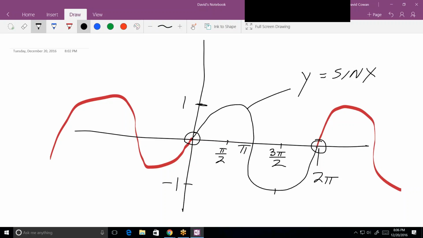Am I correct? Mm-hmm. All right. In other words, 2 pi is the same as 360 degrees, so I could label that, and I could label that 270 and that 180 and that 90. But by the time you get to this part of trig, they're usually using radians only.